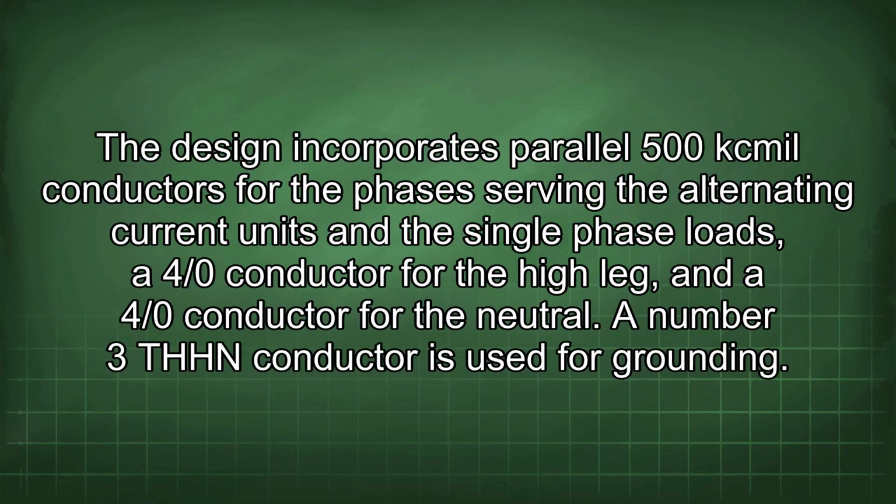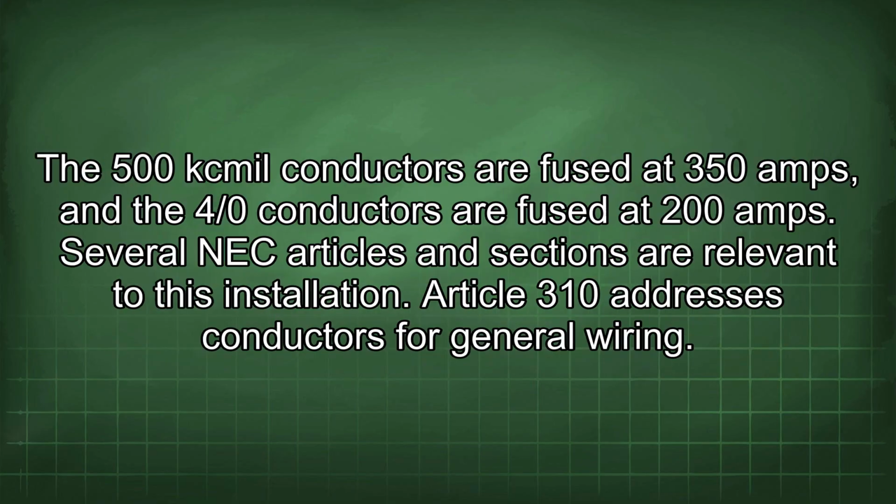The design incorporates parallel 500 kc mil conductors for the phases serving the alternating current units and the single-phase loads, a 4/0 conductor for the high leg and a 4/0 conductor for the neutral. A number 3 THHN conductor is used for grounding. The 500 kc mil conductors are fused at 350 amps, and the 4/0 conductors are fused at 200 amps.